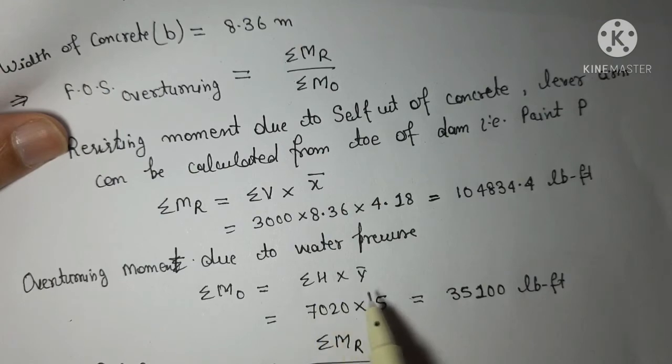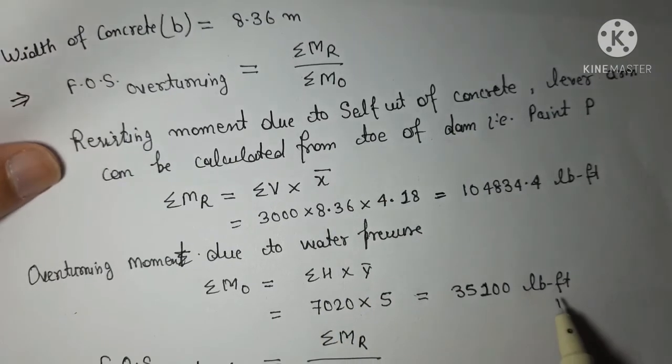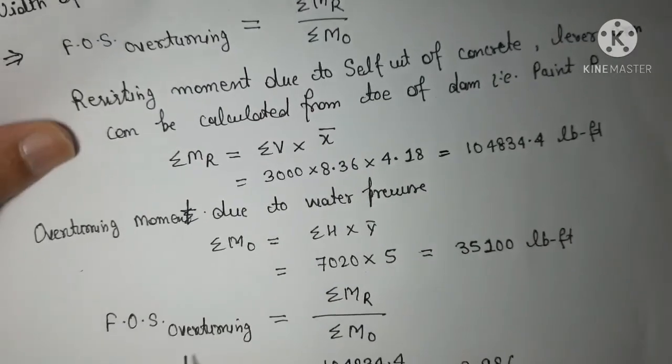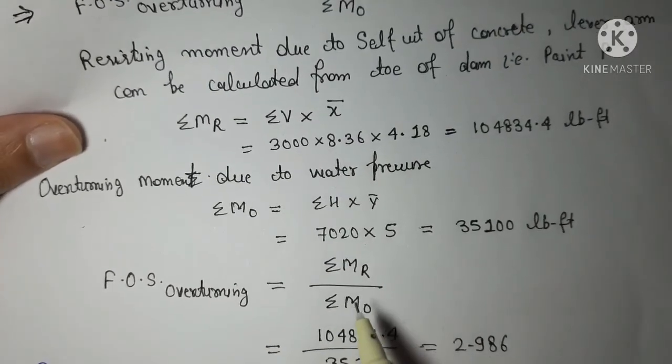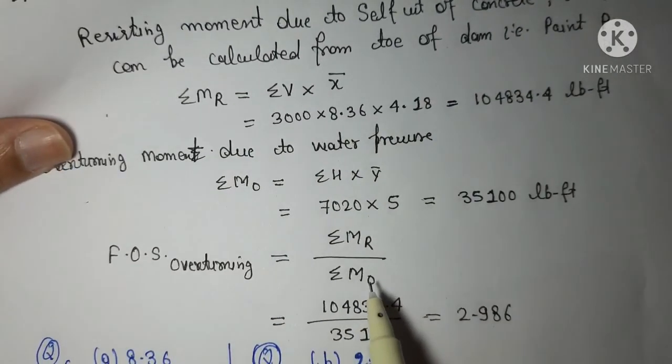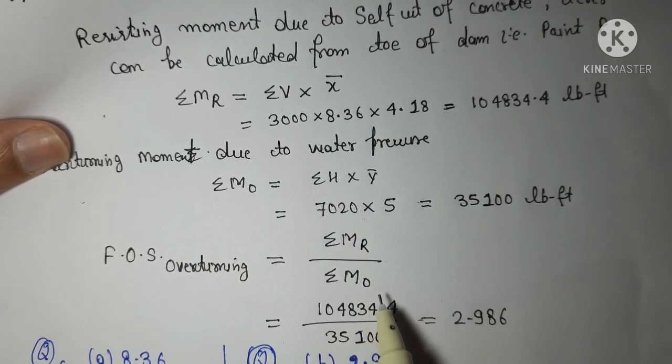So we will put the values and we will get the results. Now factor of safety against overturning is summation of MR upon summation of overturning moment. We will put the values and we will get it.